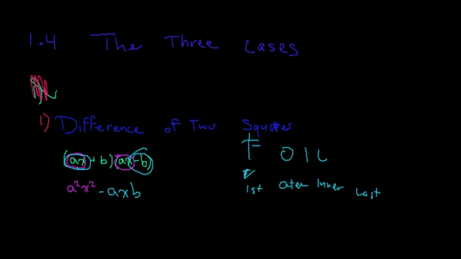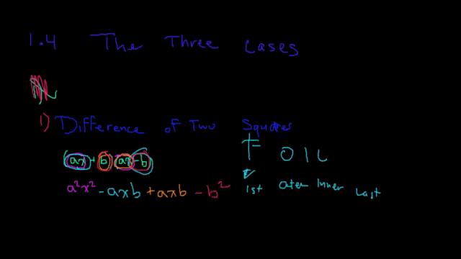AXB. And then we're going to do the inner, which would be these two right here, and that's going to be plus AXB. And then we're going to do the last in each binomial, which is these two, and that should be negative B squared.